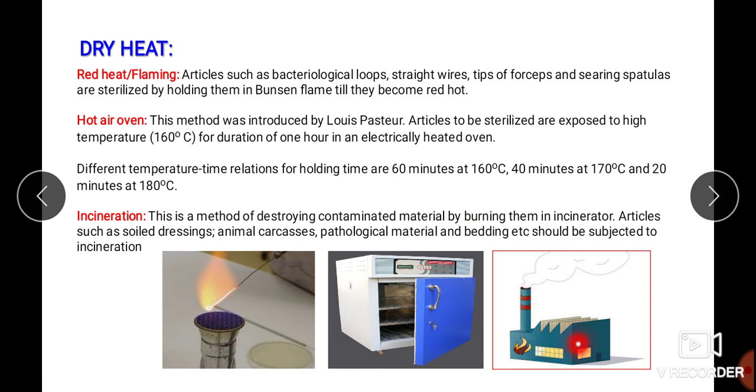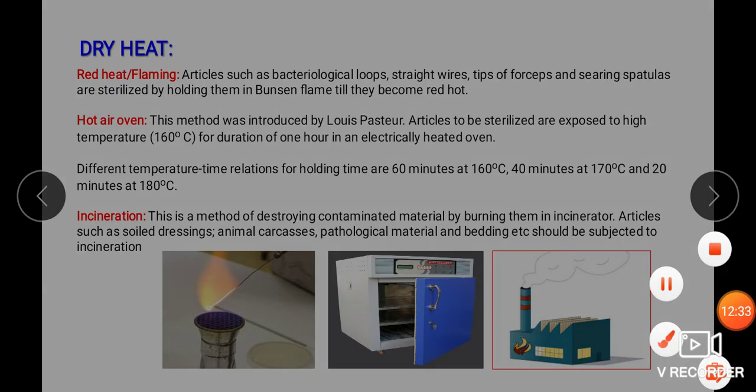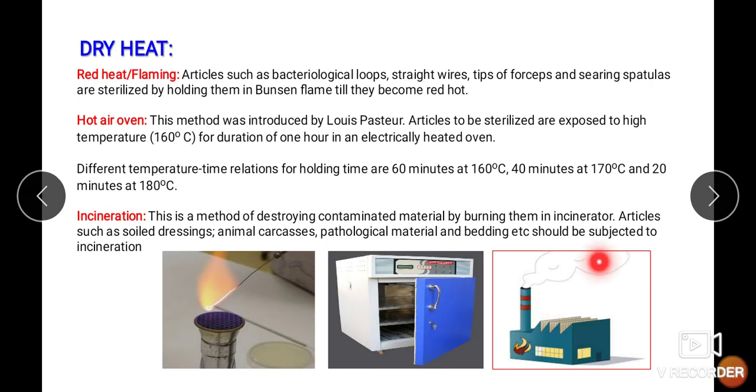Hospital waste or biological waste is burned, so that the organisms present in that material get killed, and the material is also destroyed. Articles like dressings in a hospital, animal carcasses, pathological material, beddings, and clothes of patients are subjected to this kind of sterilization.